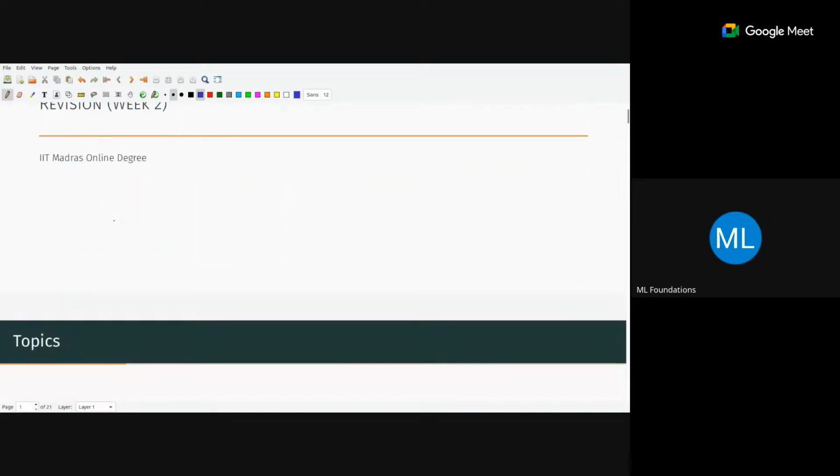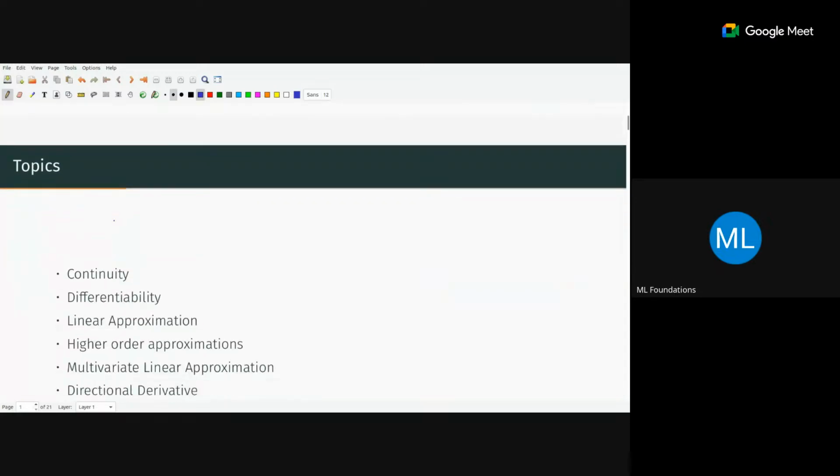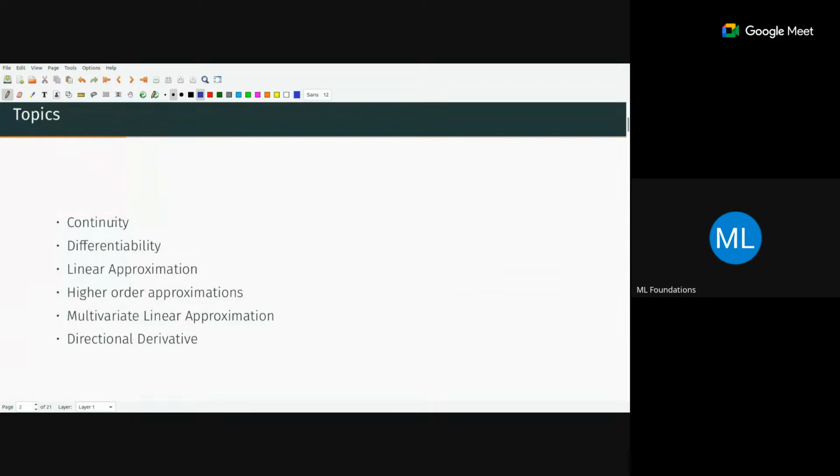In today's session, whatever I picked are the most important topics which we use in future also, when you finish MLF, when you reach MLT, and in degree level courses also. These are pretty much useful, and I don't mean that the other topics are not useful.